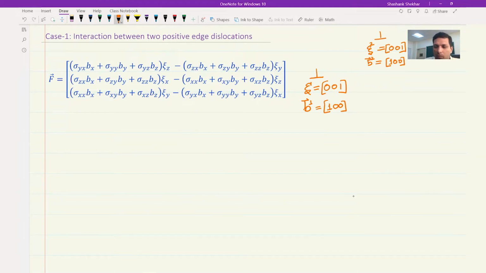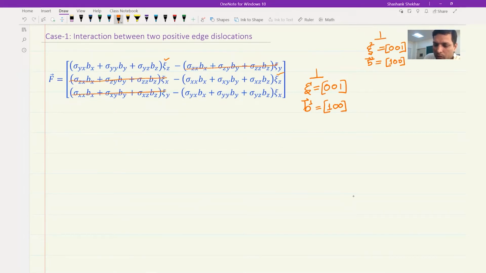Now we'll put this in. In this equation, what we get in terms of the Burgers vector is for dislocation 2. The only two quantities which are non-zero are Ez and Bx. So only those quantities will remain, and the other quantities go to 0.